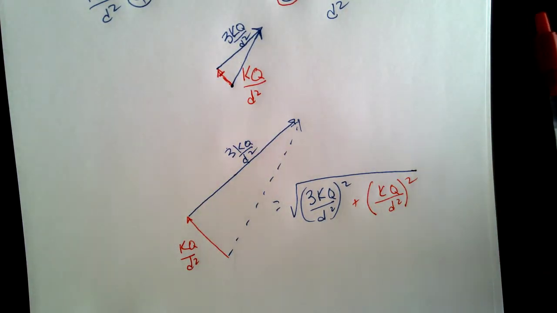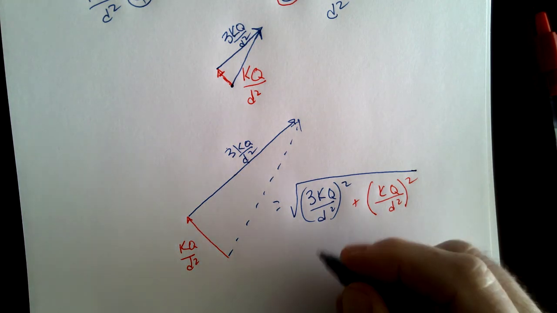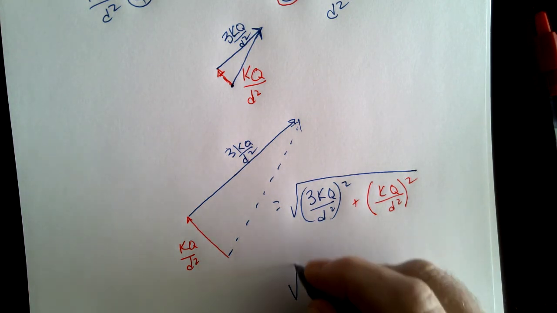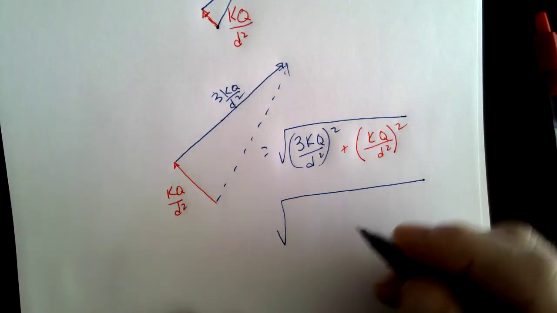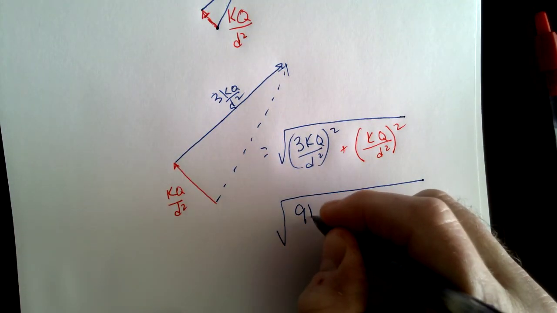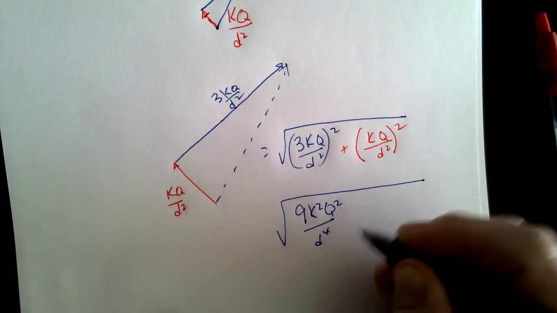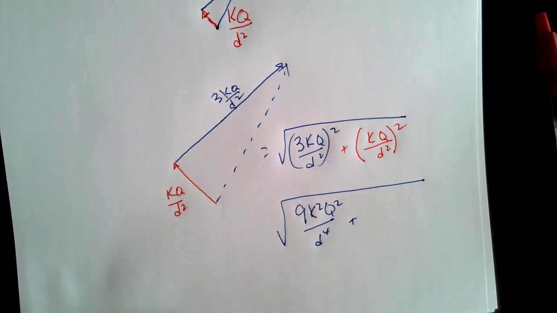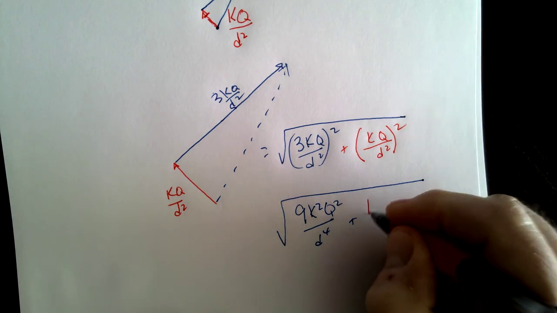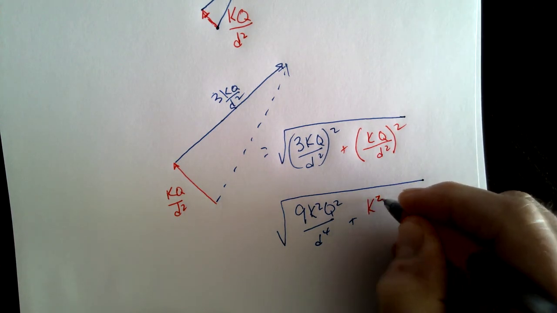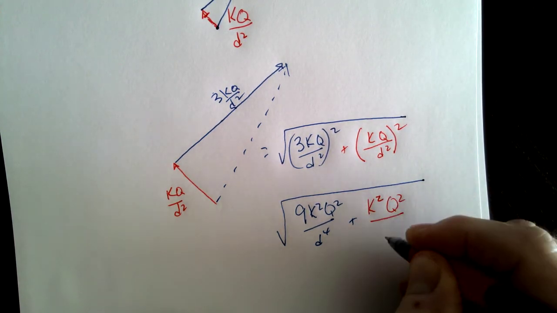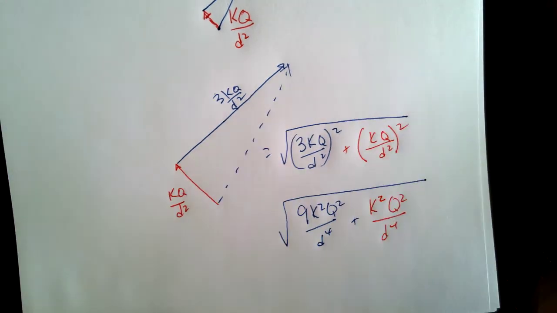When you do the math and square all that out, 3 squared is 9. You would get the square root of 9k squared Q squared over d to the 4th plus k squared Q squared over d to the 4th.